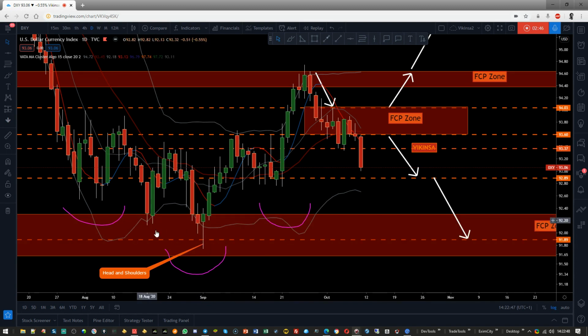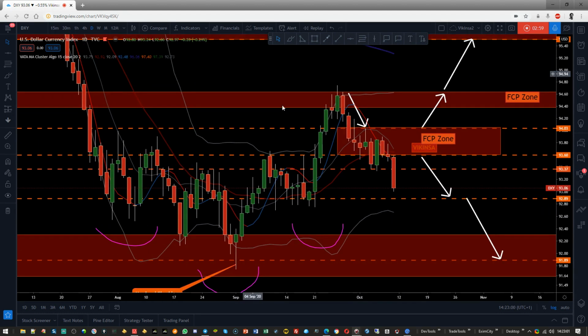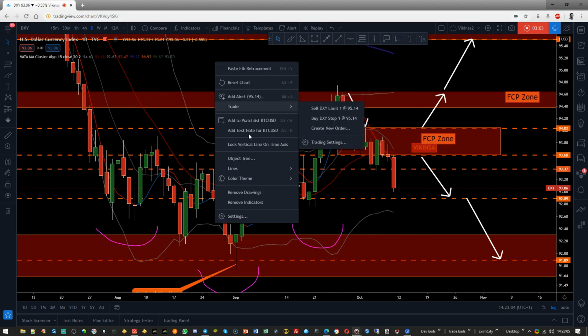These two levels are the head, and if you want, this one is specifically the head of this head and shoulders. As long as this is not violated, we still have that head and shoulders intact.